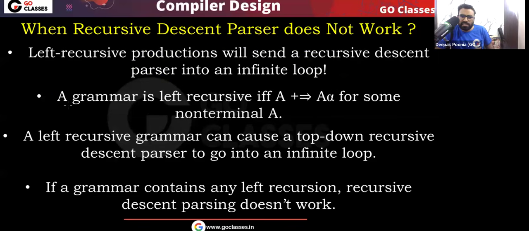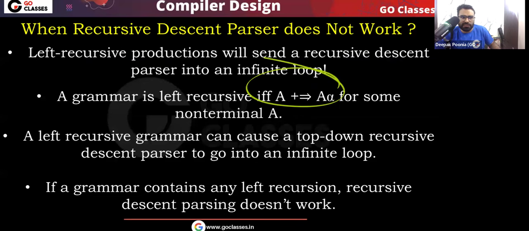Left recursive productions will send a recursive descent parser into an infinite loop. And when can I say a grammar is left recursive? In the previous lectures, we have already seen this. A grammar is left recursive if there is at least one non-terminal A such that A can derive, in one or more steps, A alpha.